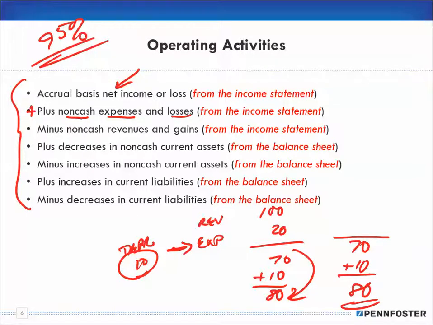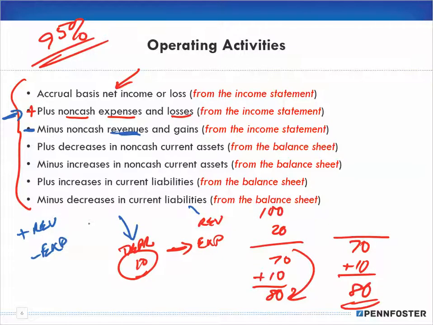Right, so we're going to add in non-cash expenses, and then we're going to minus non-cash revenues and gains, and this comes from the income statement. So where this here is the adding in of the non-cash expense, the opposite is we're going to minus the non-cash revenues. On the income statement, we're adding revenues, and then we're subtracting expenses.